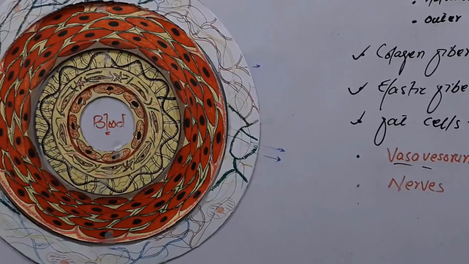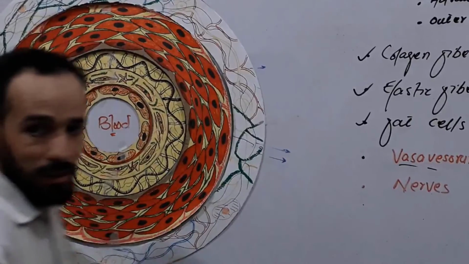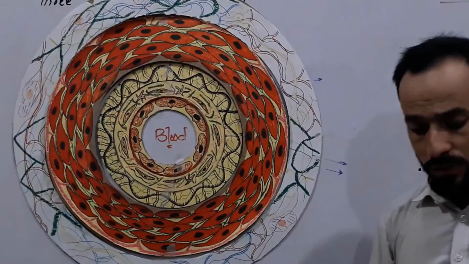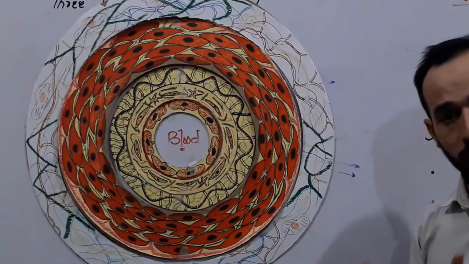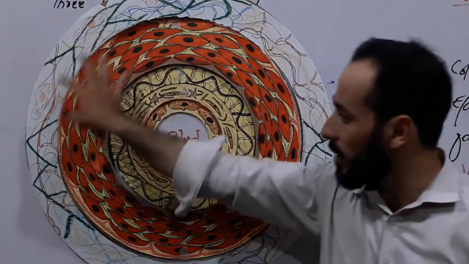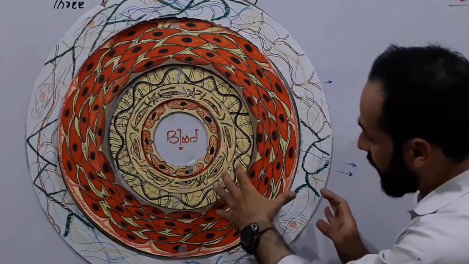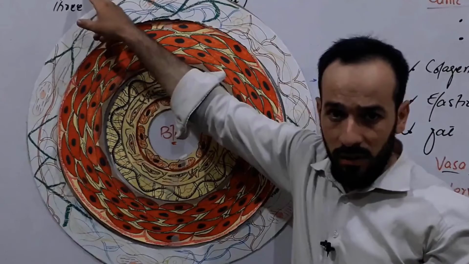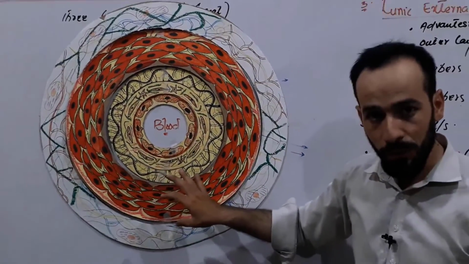Now let us sum up our lecture here. Blood vessels, generally talking, are of 3 types: arteries, veins and capillaries. Here I haven't talked about capillaries, we will have a different lecture on that. Here we have a lecture just on the walls of arteries or veins, right? So we have represented it in a sketch that all the blood vessels, either arteries or veins, are made up of 3 layers or tunics.